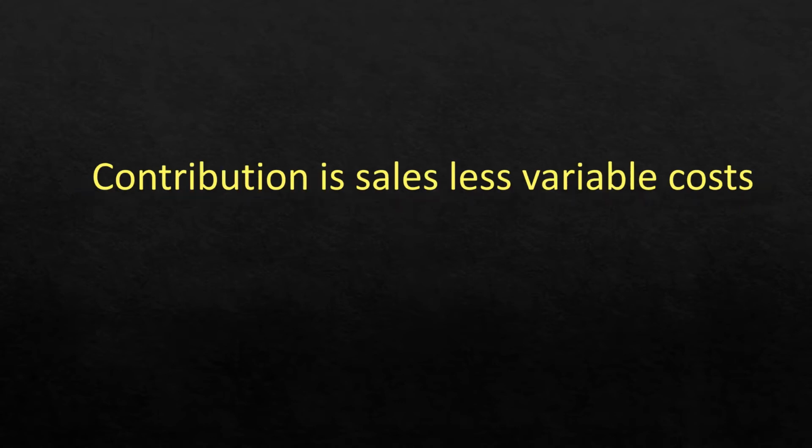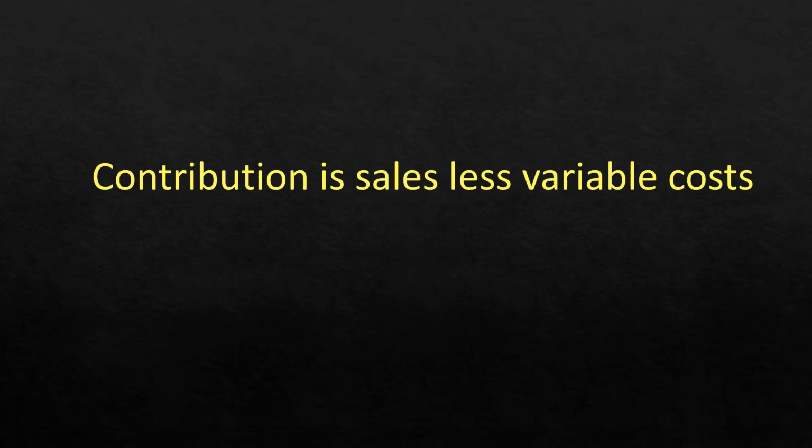Now, contribution on a per unit basis is an idea which is derived using selling price and variable cost. Contribution can also be derived for a segment, for the whole product group, or even for the company. It provides some very interesting insights for managerial decision making, including capacity allocation decisions.